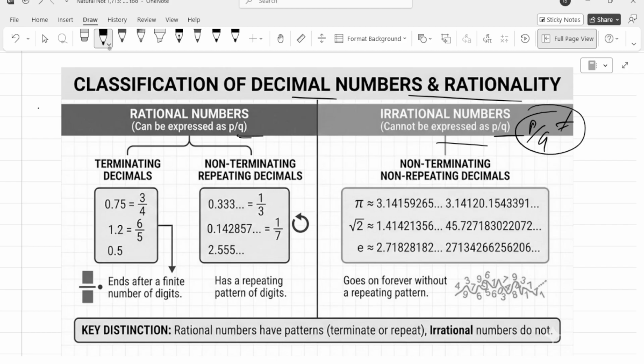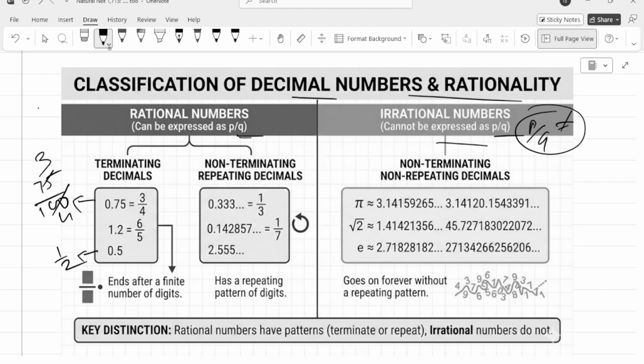Okay, now here the example 0.75. How does 0.75 come? 75 upon 100, and after the decimal point there are 2 digits, then 25 divides, giving 3 upon 4. And 1.2 is 12 upon 10, and 0.5 is also denoted by 1 by 2.